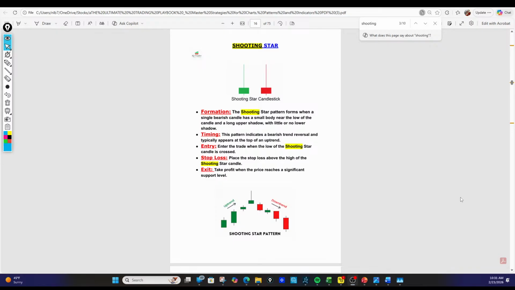It says here the shooting star, which looks almost like this one over here in inputs. The shooting star pattern forms when a single bearish candle has a small body near the low of the candle and a long upper shadow with little or no lower shadow. This pattern indicates a bearish trend reversal and typically appears at the top of an uptrend. And we did have a bearish reversal.